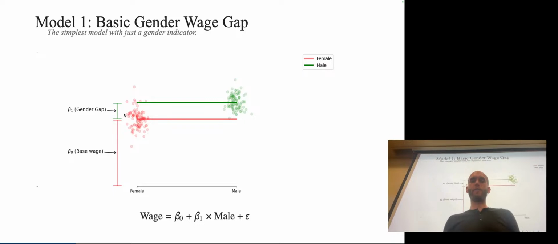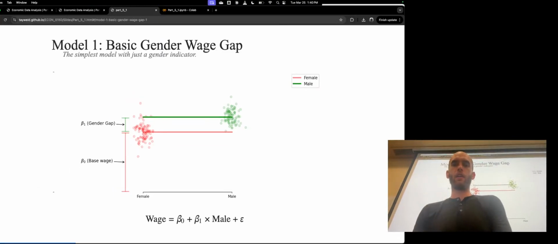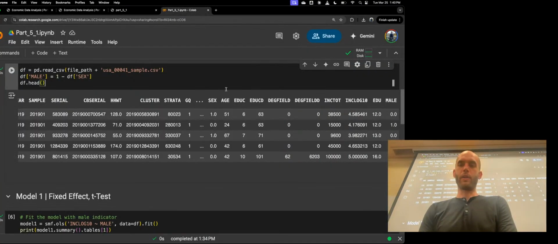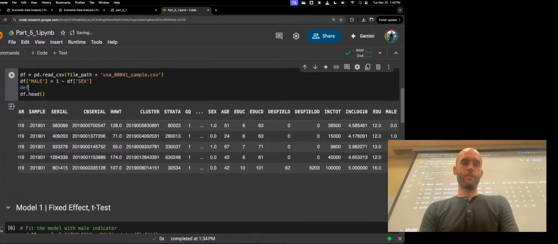So I'm just going to write out the equation. It looks like this. We have wage, so we're trying to predict wage using both an intercept term and a binary indicator variable for one of the 2 categories. And I'm going to write this out using the male column, but we could equivalently use the female column. So we could just construct female, which would be just this.